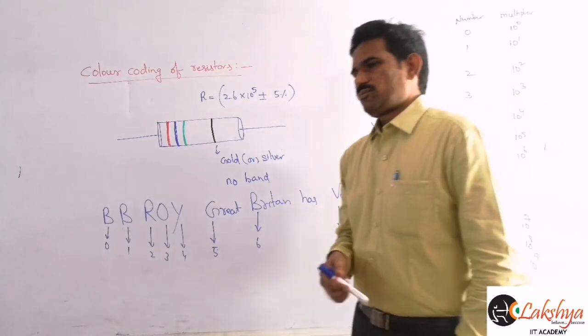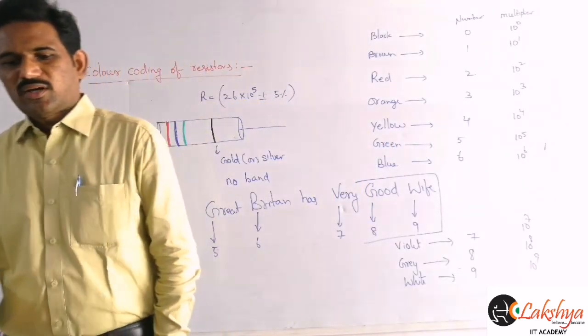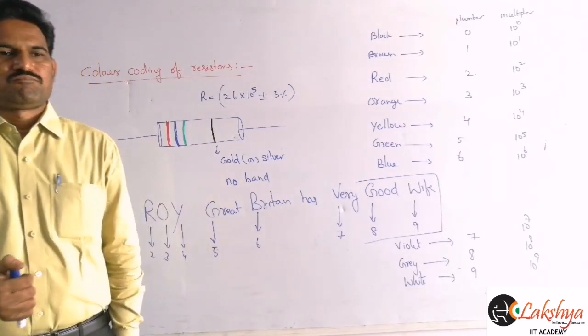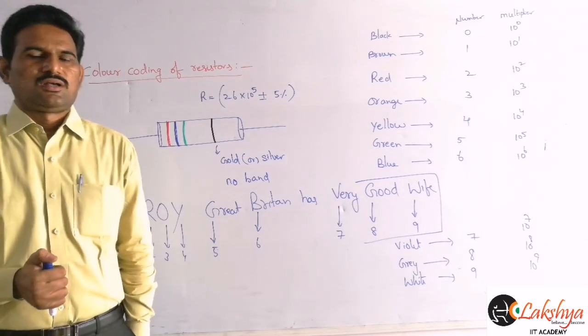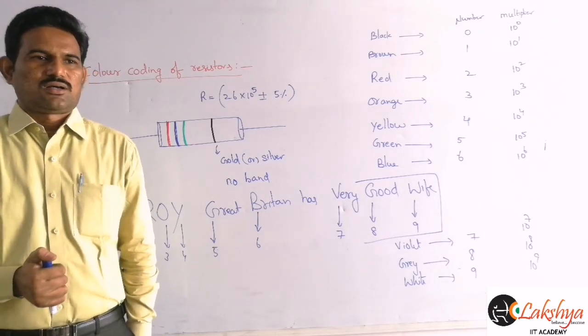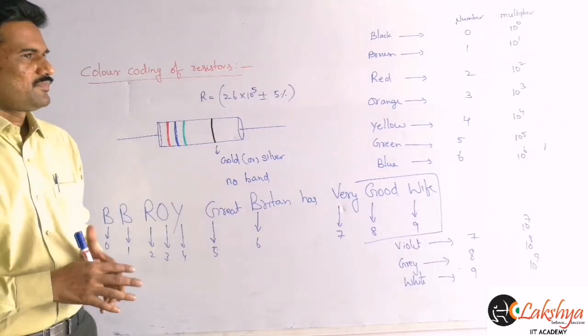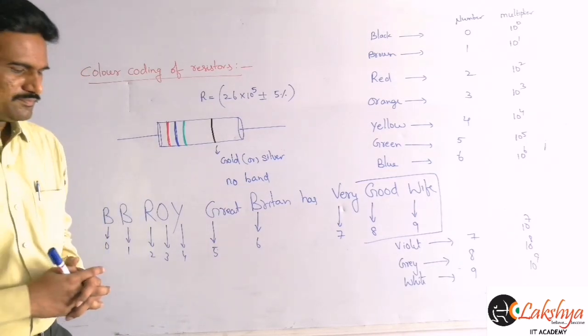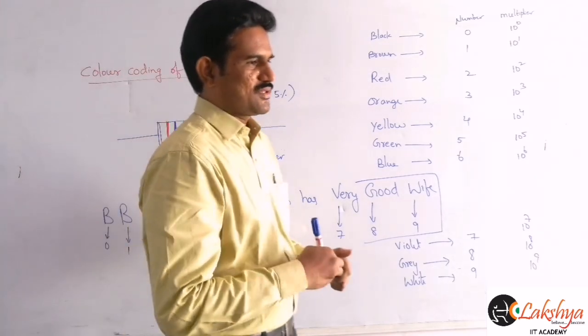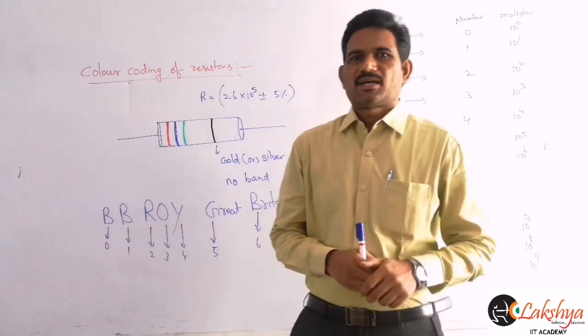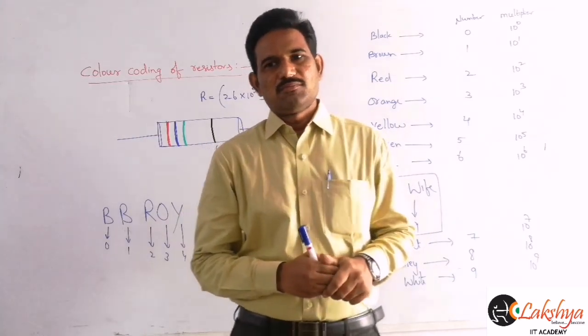The values of carbon resistors can be expressed by color bands printed on them.